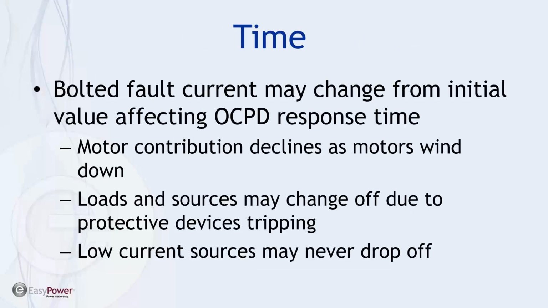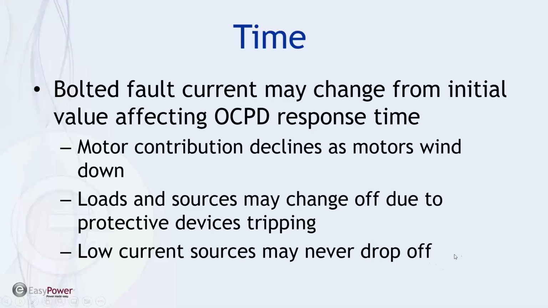Now, time is affected by all these potential amplification factors as far as the voltage fault current. So anything that changes voltage fault current potentially has the ability to change our response time.